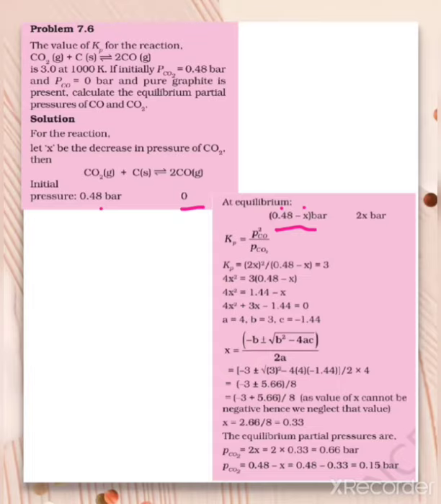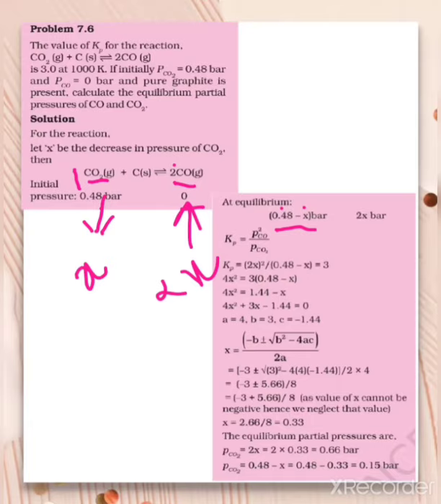And here, if X amount of CO2 is decreased, we can say that 2X amount of carbon monoxide is increased, because when you look at the stoichiometric coefficient, here it is 1, here it is 2.